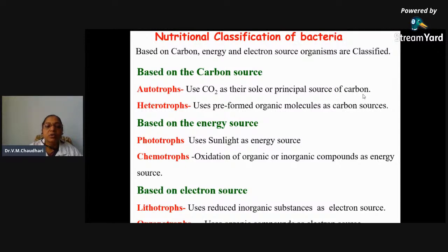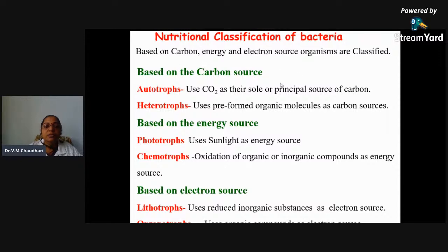Autotrophs are those organisms which utilize CO2 as the principal source of carbon, while heterotrophs are those organisms which utilize preformed organic molecules as the carbon source. Which organisms are included in heterotrophs? Those organisms which utilize already formed organic molecules as the carbon source.